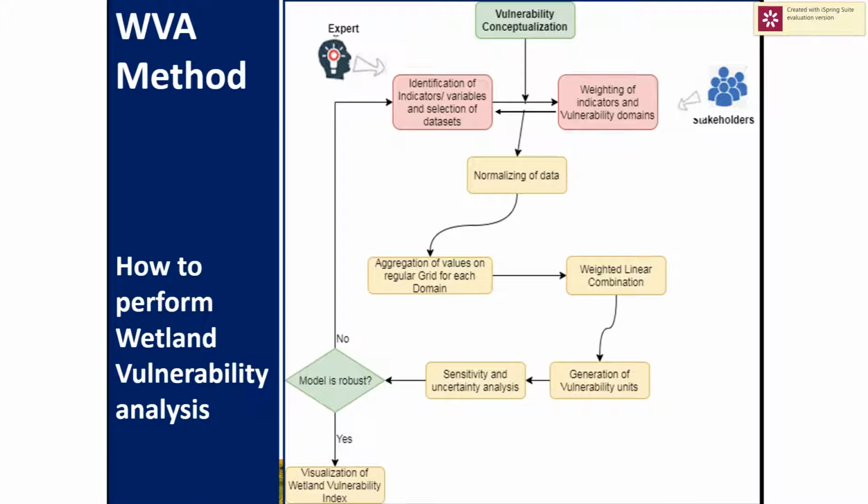They identify the datasets that are required and also evaluate the weights that need to be assigned to these datasets. This is done because not all the datasets that they will have selected have the same effect of vulnerability on the wetland.